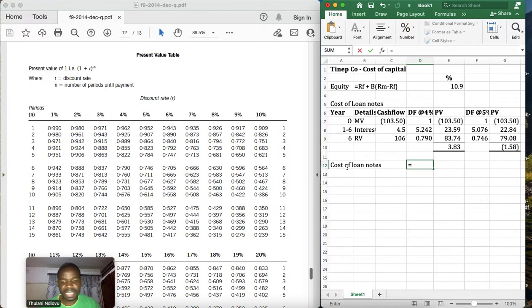Our lower rate is 4, plus, open bracket, NPV of the lower rate 3.83 divided by bracket 3.83 minus, we get a plus, 1.58 bracket.